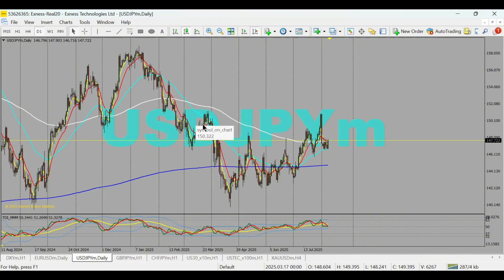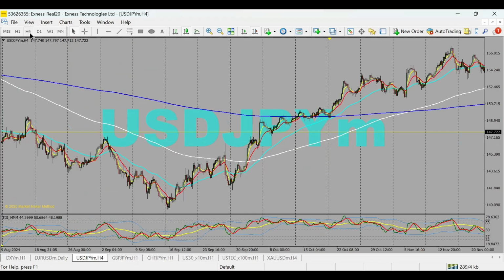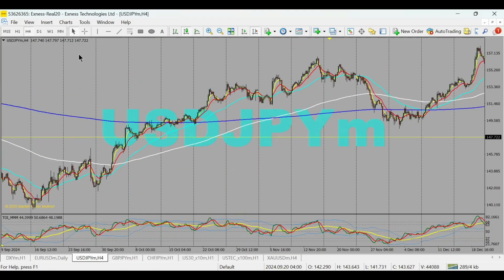This is the current chart for USDJPY, and this is the daily chart on USDJPY. And what are we expecting? We are simply expecting the opposite of Euro USD.